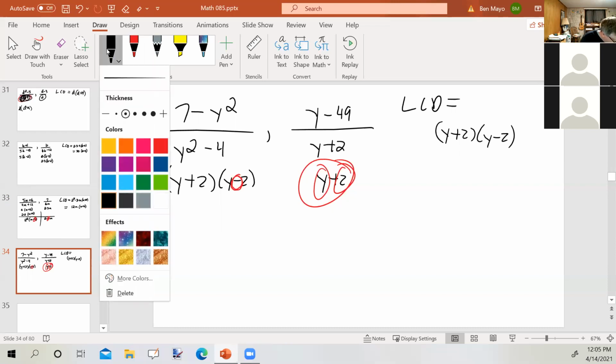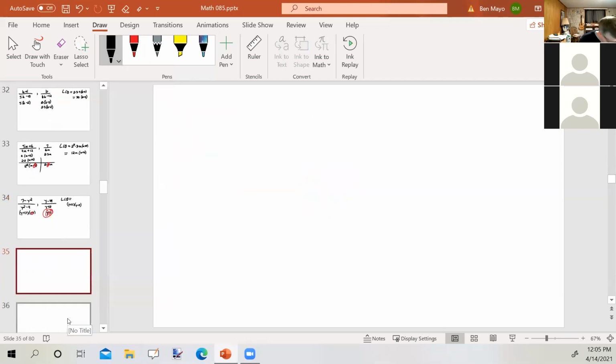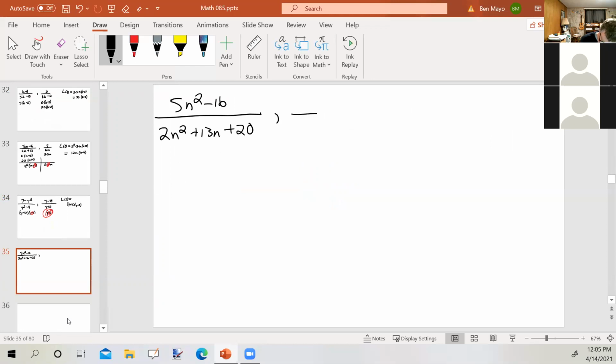Okay. How about this one? We've got 5n squared minus 16 over 2n squared plus 13n plus 20, comma, 3n over n squared plus 8n plus 16.